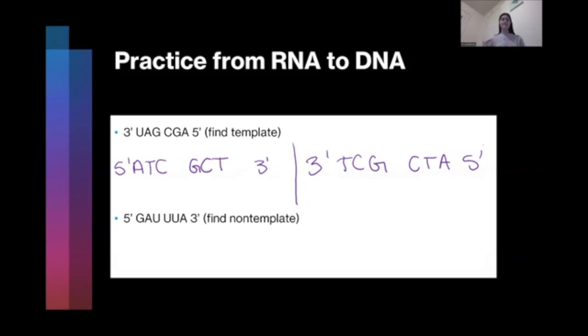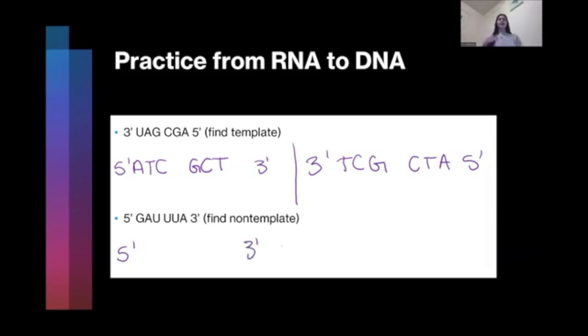So for our last one now, we have 5' GAU, UUA, 3' for our mRNA, and I want you to find the non-template strand. What do we know about non-template and mRNA? Well, we know they're parallel to each other. So if my mRNA is 5' to 3' from left to right, so is my non-template strand.